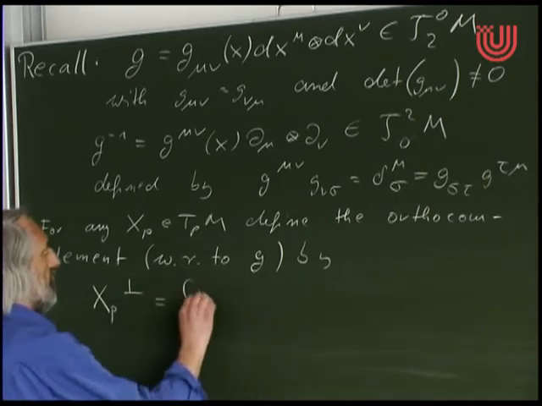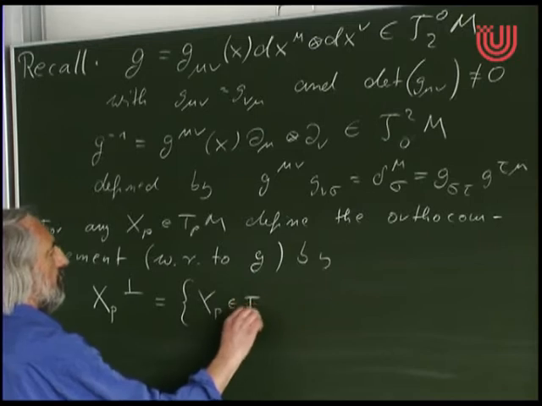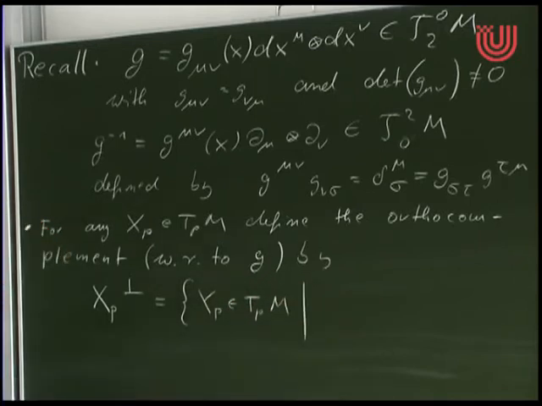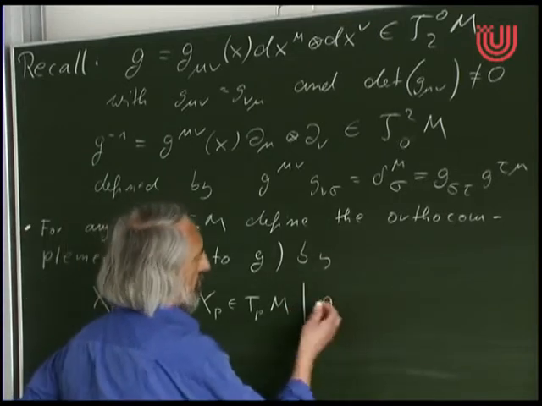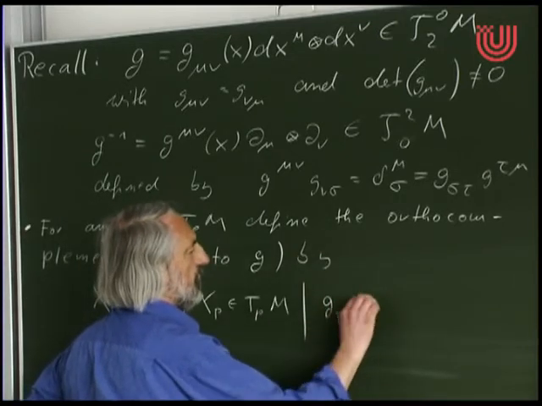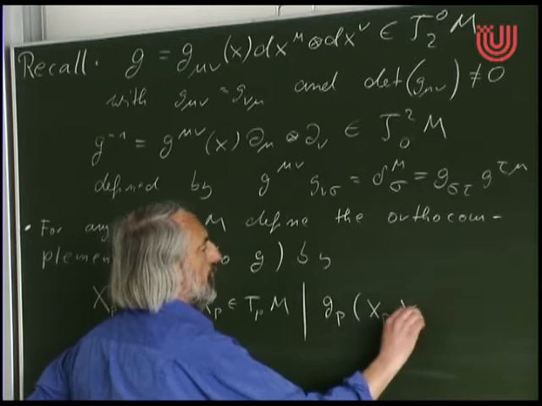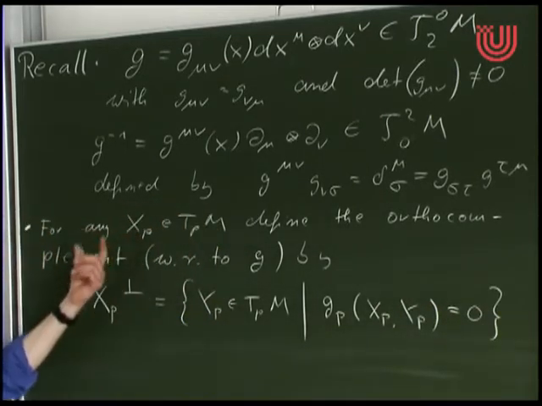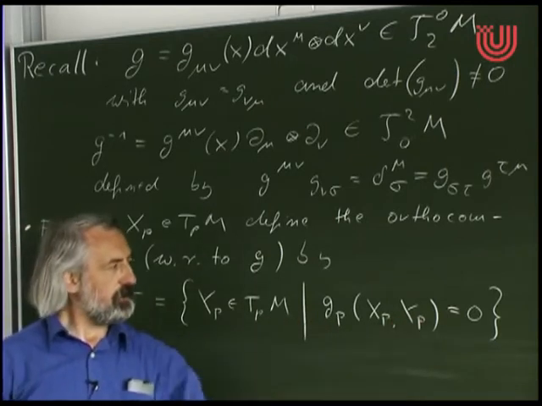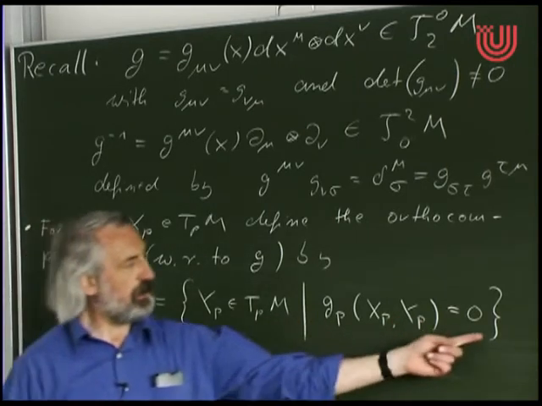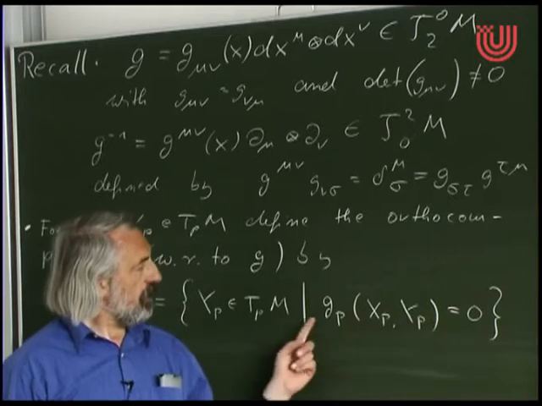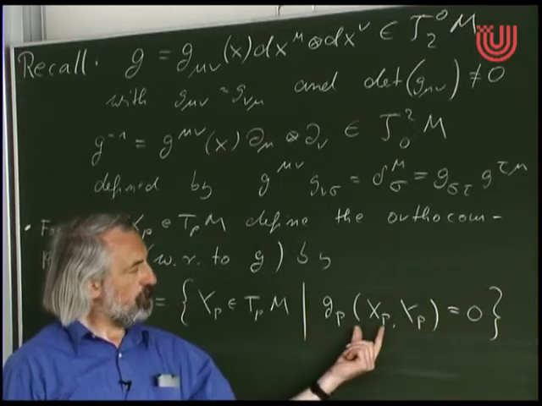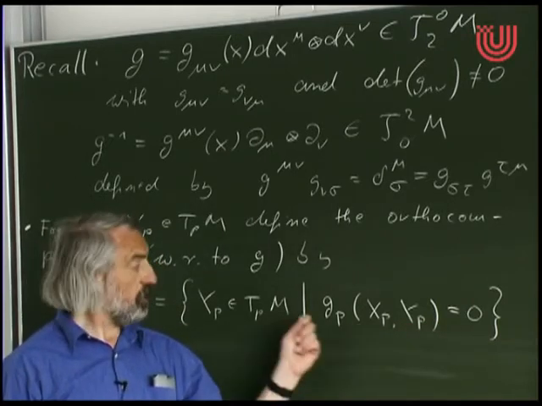And they are defined as the set of all vectors in T_pM which are perpendicular with respect to this matrix. This means if I feed my given X_p in one slot and Y_p in the other slot, then I get 0.